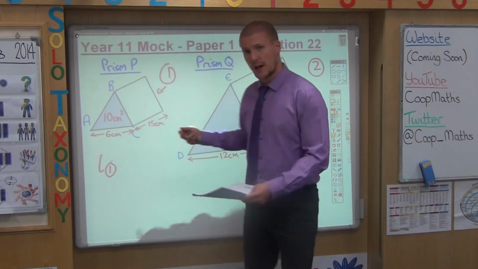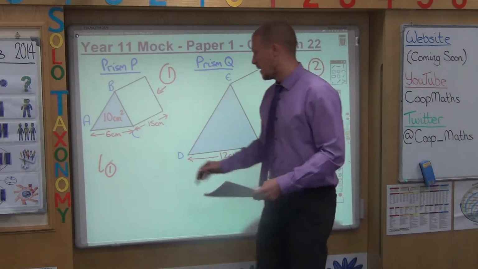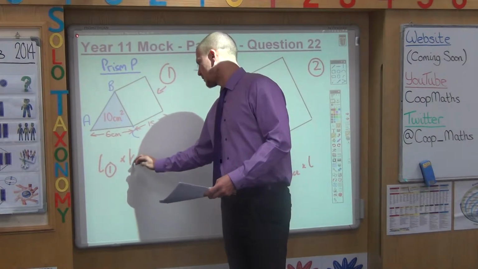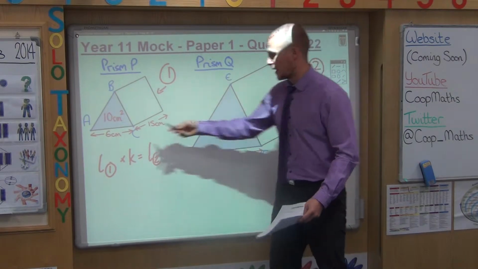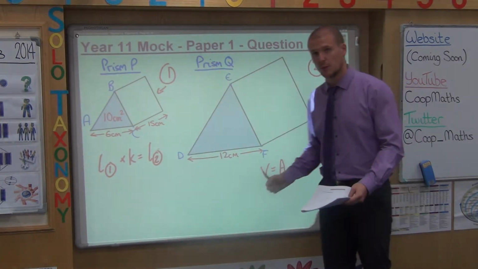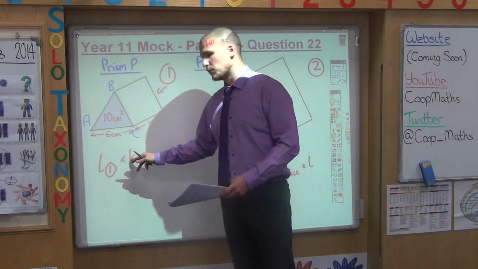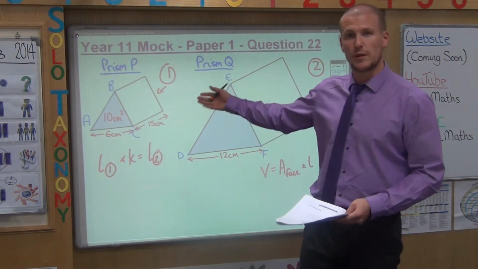You could have any two values that correspond to this prism. If you multiply that by a scale factor, you get the corresponding length here. So 6 corresponds to 12, 15 corresponds to this thing here that we don't have. There is a number, which could be a whole number, a fraction, or a decimal, that when you multiply one length gets the other.